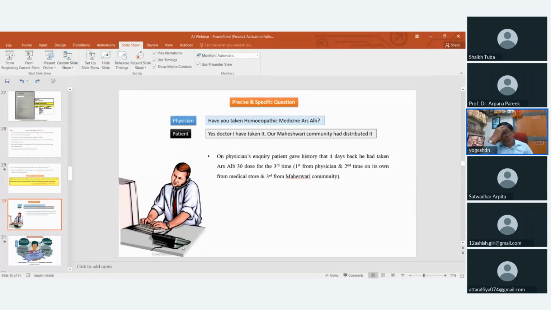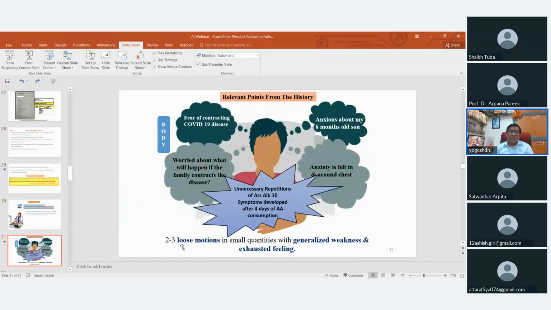On inquiry, he mentioned that 4 days back he had taken Arsenicum album 30 dose for the third time. I had insisted that he tell me the whole thing: first time from the physician, second time on his own from a medical store, and third time from the Maheshwari community.